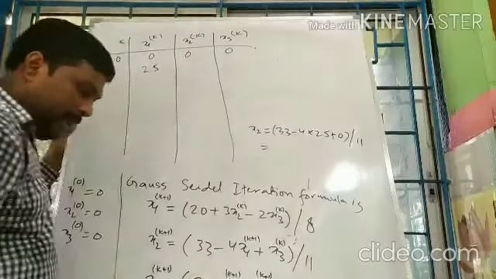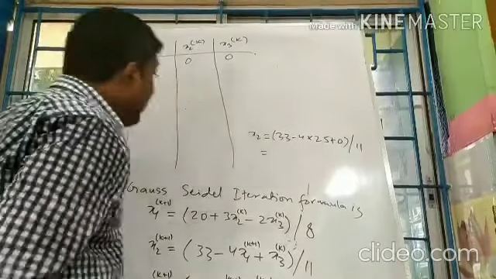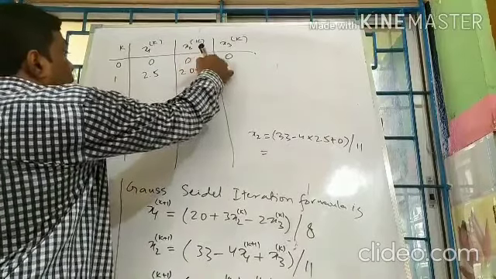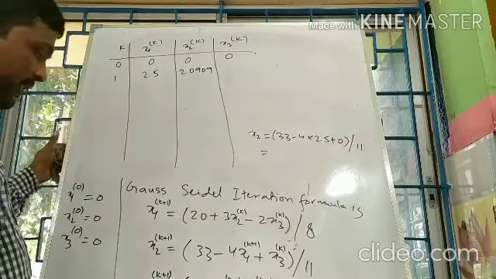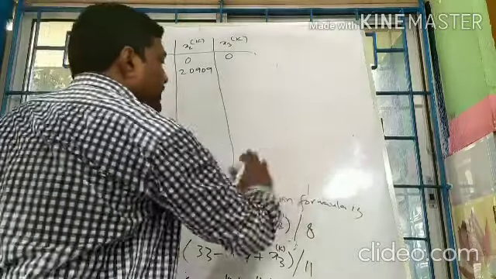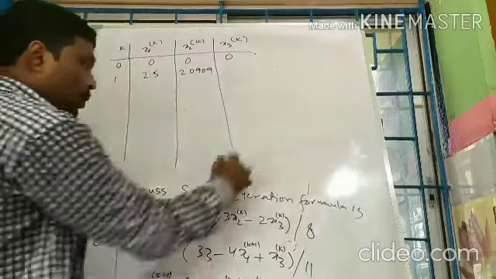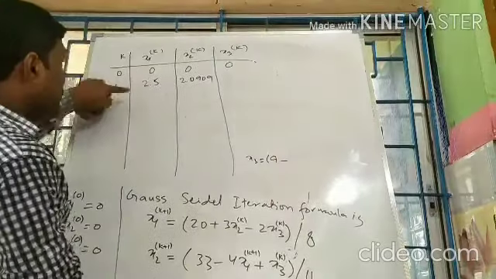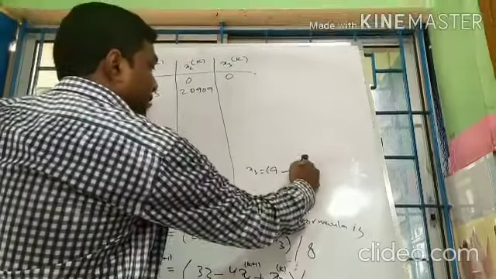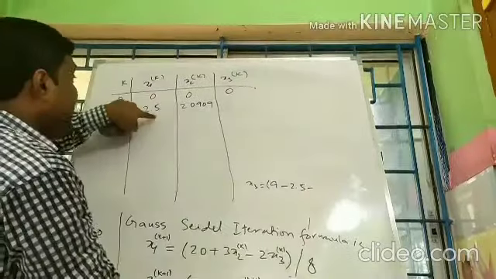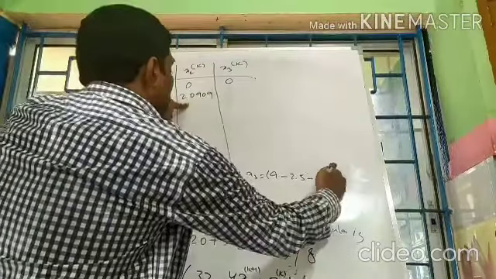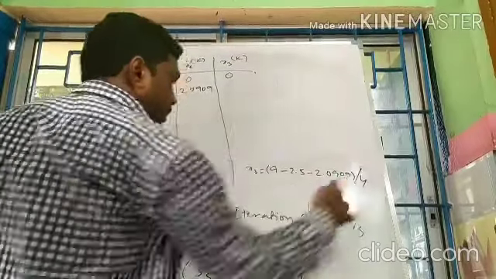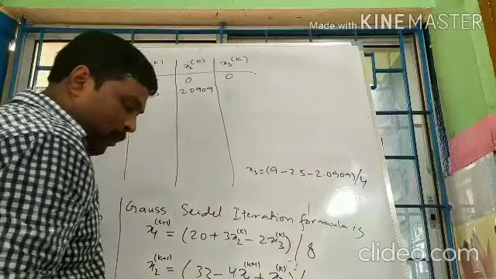Simplifying, it is 2.0909. Next, the present iterative value of x3 equals 9 minus the present value of x1, that is 2.5, minus the present value of x2, that is 2.0909, divided by 4. It is 1.1023.